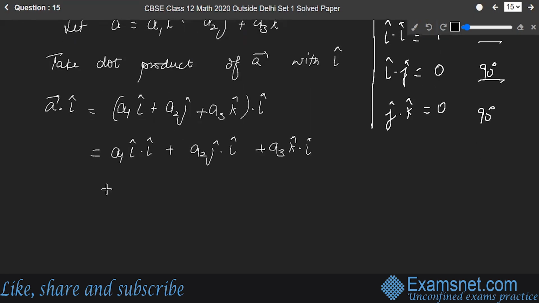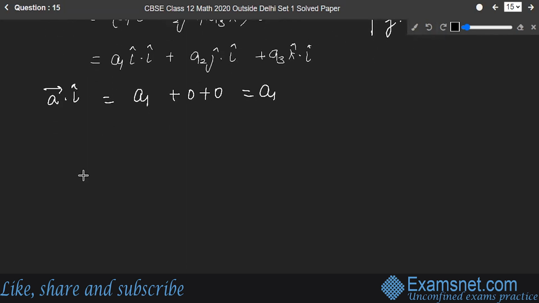So this will evaluate to A1 plus 0 plus 0. This is A1, the dot product of A and i. Similarly, the dot product of A and j will give you A2.